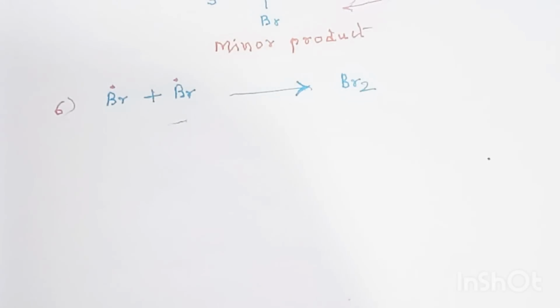It starts with free radicals and it undergoes chain reactions, and here we get 1-bromopropane as the major product, whereas in the Markovnikov rule we get 2-bromopropane as the major product.